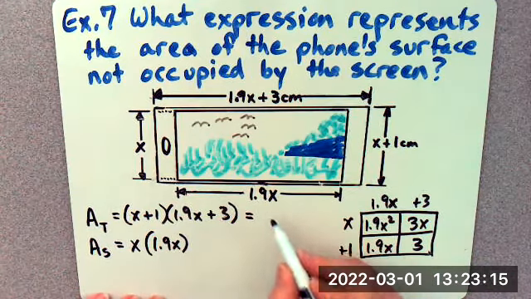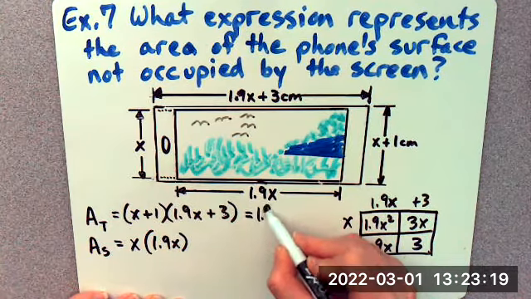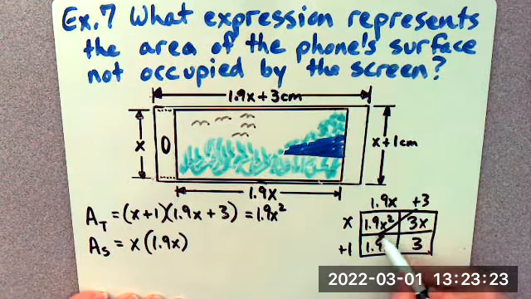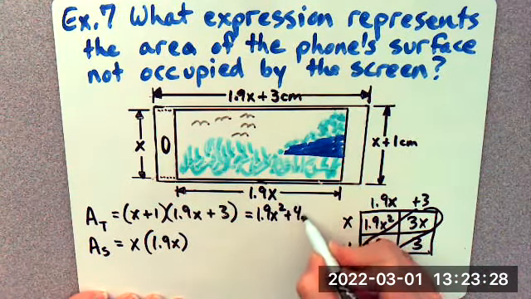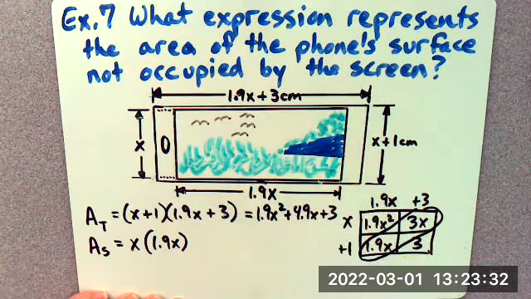So my area here then is 1.9x squared. And then I can combine these two because they're like terms. So I get plus 4.9x and then plus 3. So that's the area of the total phone here.